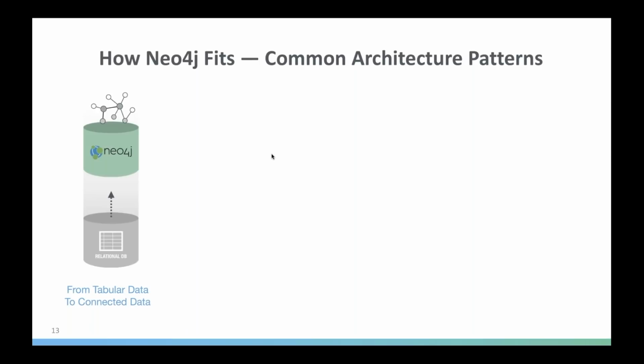So that's a perfectly legitimate use case, and we see that not just from traditional tools, but also from Spark and other tools which are designed for analytics, but the basic view is tabular, and sometimes you want to have a graph view of the tabular data.